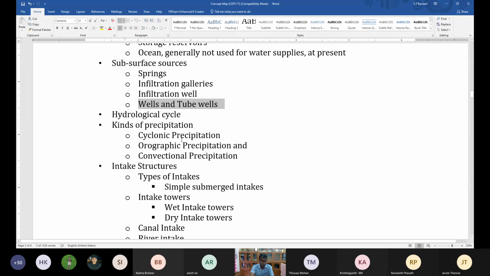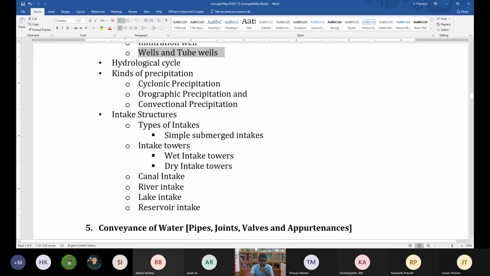You would also have noticed on television the different precipitation behavior in Tamil Nadu right now. That is because of cyclonic, orographic or convectional precipitation, which they commonly mention. We'll be discussing these types of precipitation in detail, and how to tap water from these sources.